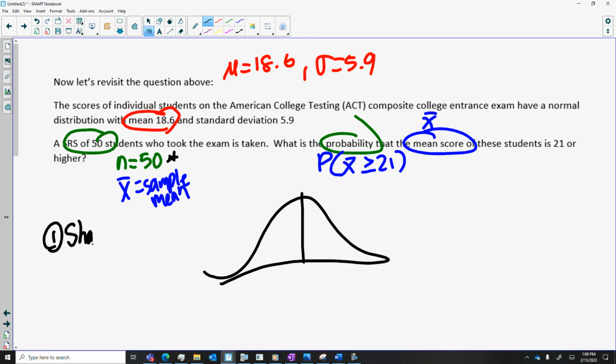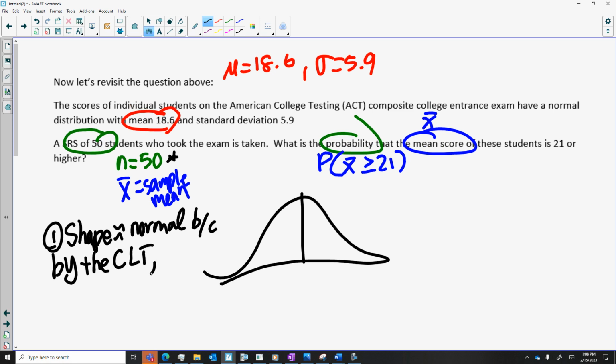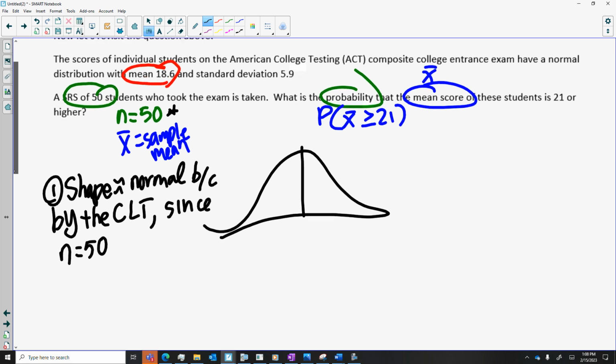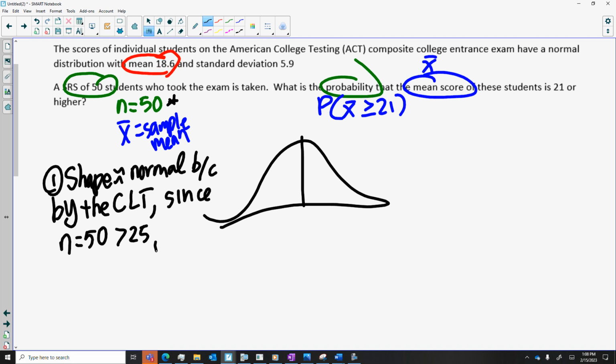The shape of the sampling distribution will be approximately normal because by the central limit theorem, which I'm going to write CLT for short, since n, which is the sample size, is equal to 50, which is greater than 25 or 30, the sampling distribution will be approximately normal, okay? So that's a large enough sample size for it to become approximately normal, the sampling distribution of x bar. Nice, so that's done.